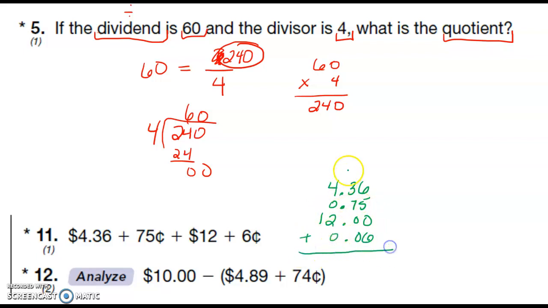I think I have my decimals all lined up right here. 6 plus 5 is 11, plus 6 is 17, carry the 1. 1 plus 3 is 4, plus 7 is 11, carry the 1. I'm going to drop this decimal down as well. 1 plus 4 is 5, plus 2 is 7, and then I have the 1 coming down. So 17.17 is the answer.